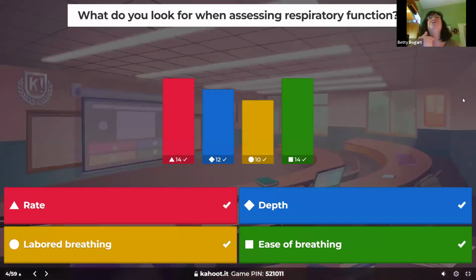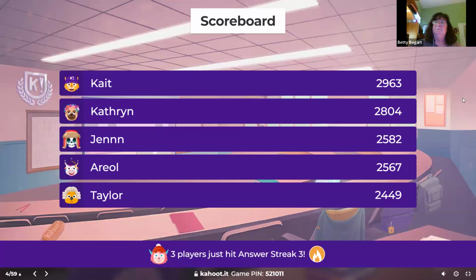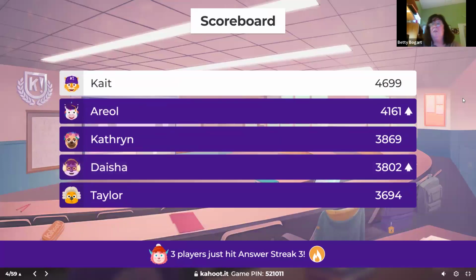All you do, pull their shirt down and go, oh, look at them. It's looking at the labored breathing, the depth, the ease of breathing, the rate, maybe. But I think when you're looking for, it's more of the other ones. We could include rate there too, right? Are they fast or are they slow?